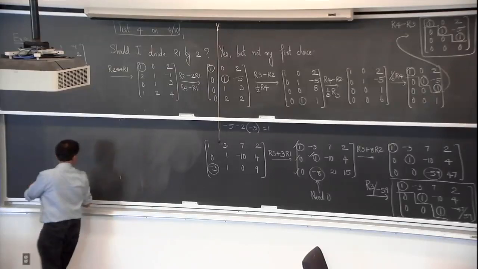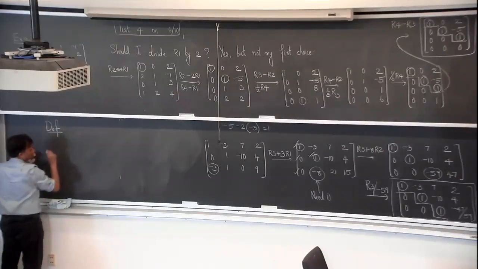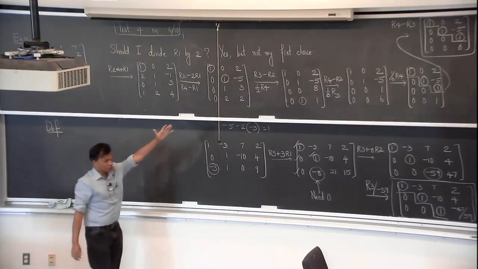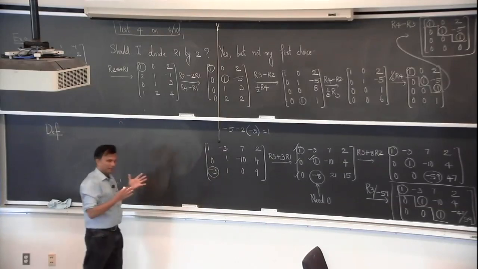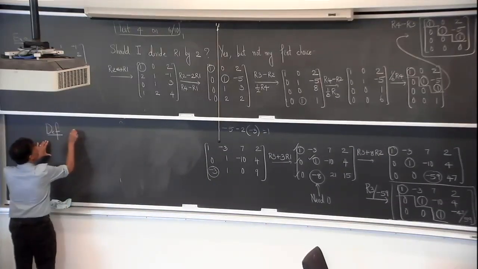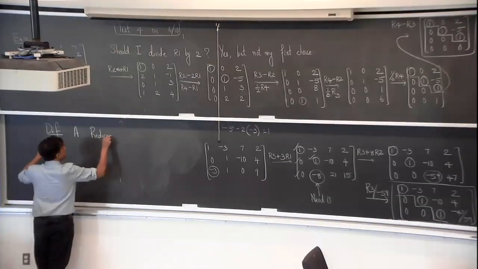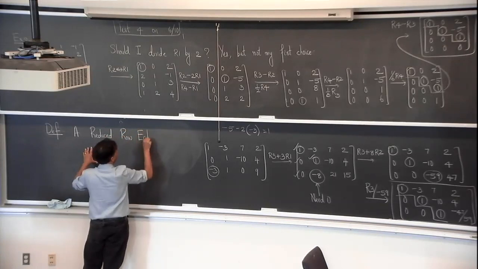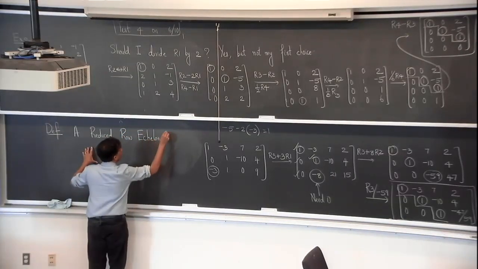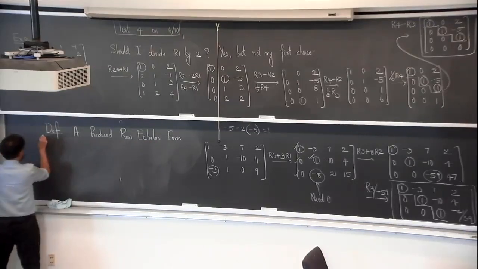Next definition. You know what a row echelon form looks like. We can make a few more adjustments to it and make it more unique. So a reduced row echelon form, abbreviated as RREF.